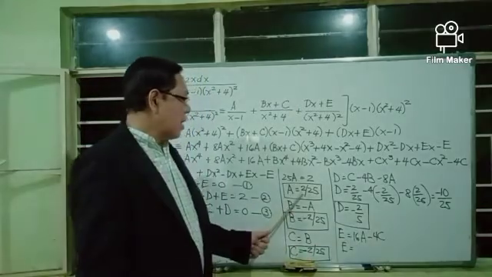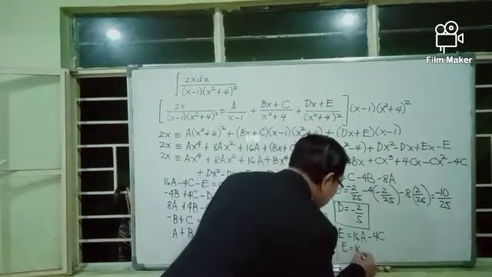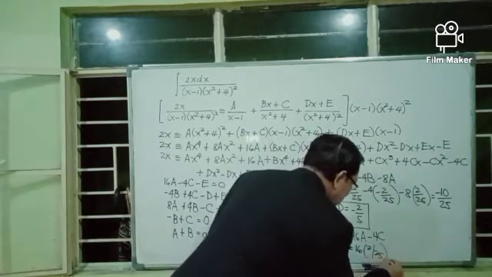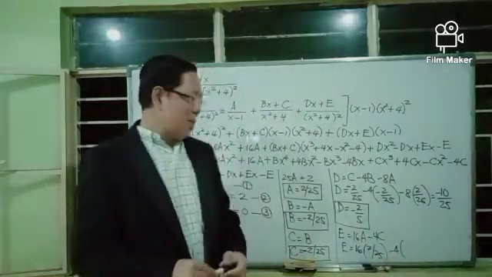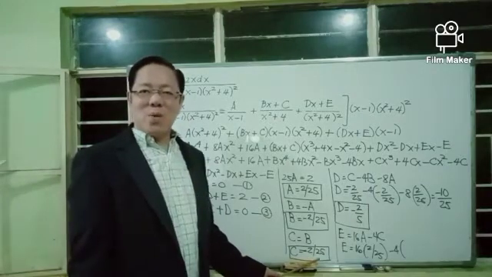16 multiplied by a, which is 2 over 25. Minus 4 multiplied by c, which is negative 2 over 25.